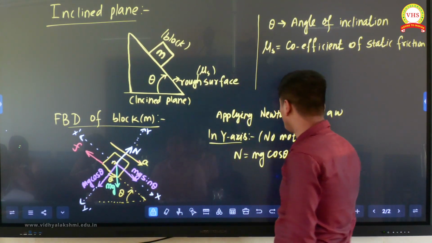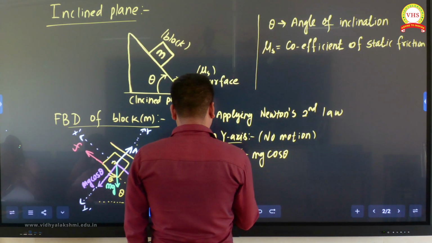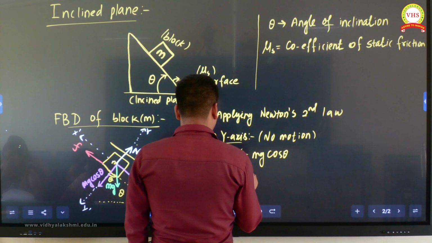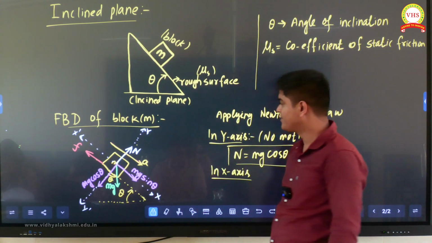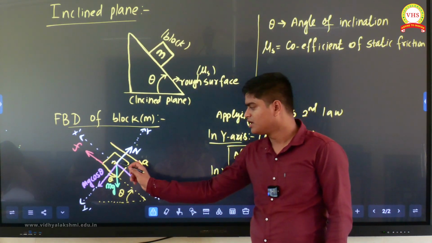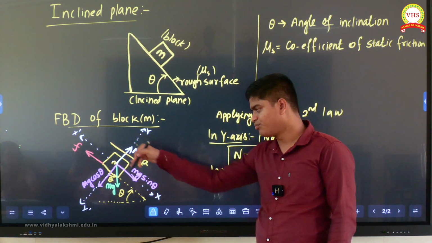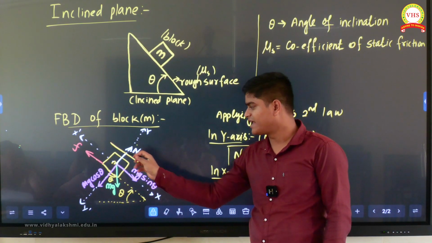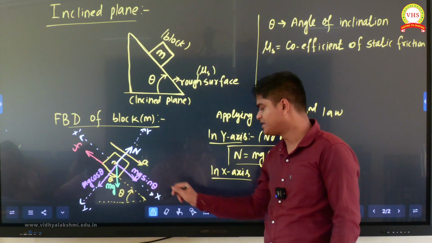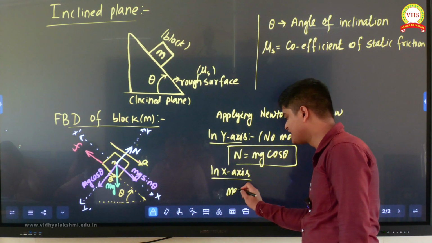As the y-axis has no motion. Now in the x-axis, everyone check what is happening. See here, the object is moving. Suppose I consider motion is in the downward direction, then acceleration a is downward in the direction of mg sin theta. That means your mg sin theta is greater.